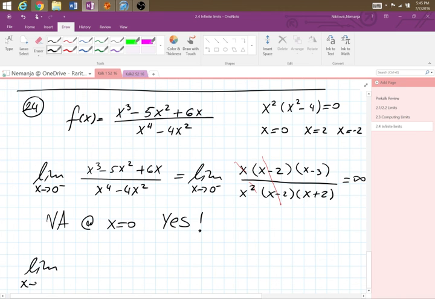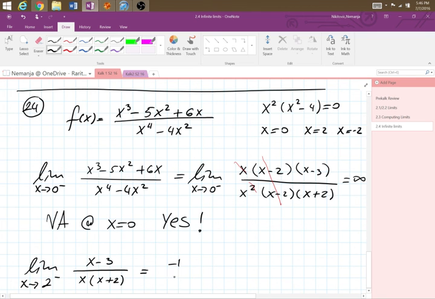Limit as x approaches 2 from the left. And I will immediately write the factored form. I'm just going to write what survives after cancellation. Now you see that in this case, number 2 you can plug in and you will get values for it. So you will get -1 on top, and you will get 8 on the bottom.